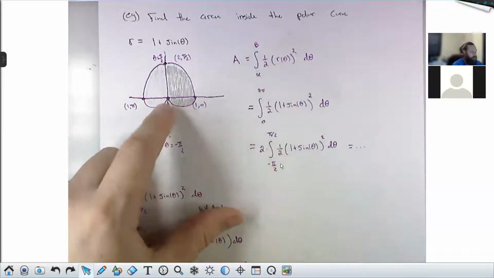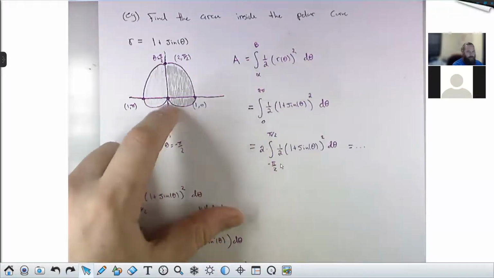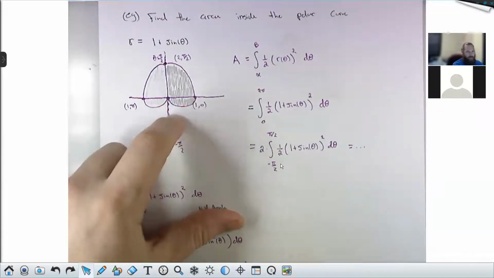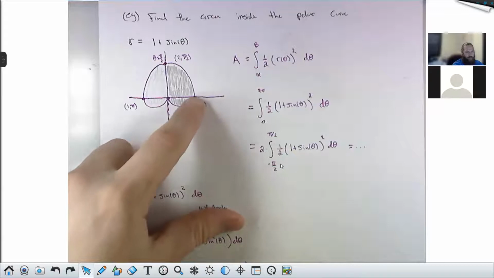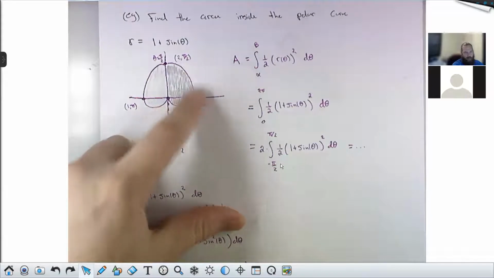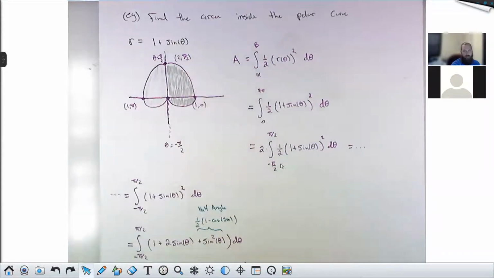So instead of thinking of this down here as being like 3 pi over 2 to 2 pi, I'm thinking of it as being negative pi over 2 up to 0, and then from 0 up to pi over 2. So this region on the right, I can think of as being from negative pi over 2 to positive pi over 2. And that will give me half of the area I need. Does that make sense? Cool. All right.